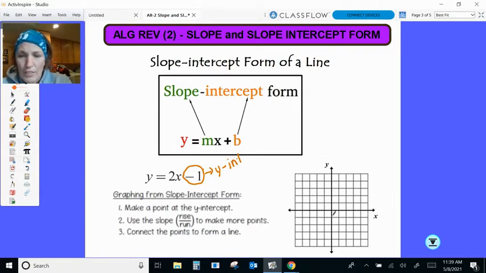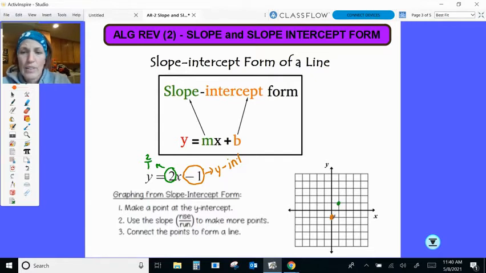So we go down here to the graph at -1, we plot that guy, okay? So make a point at the y-intercept. Use the slope to make more points from the y-intercept. So our slope here is 2 over 1. So this is actually going to be rise over run is 2 over 1. So we're going to go from our point and go up 2 over 1.